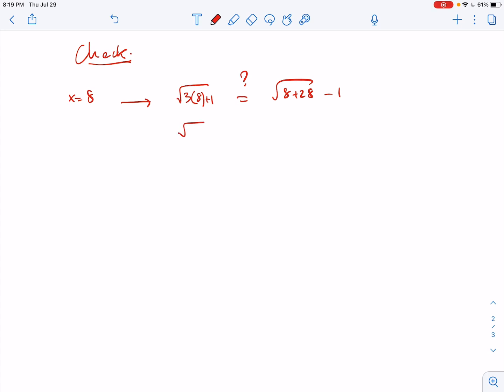So we get 25 there, so that's 5. And then we get 36 minus 1. So 5. No, this is 6, 6 minus 1. So that's 5. Okay, so 8 is correct.